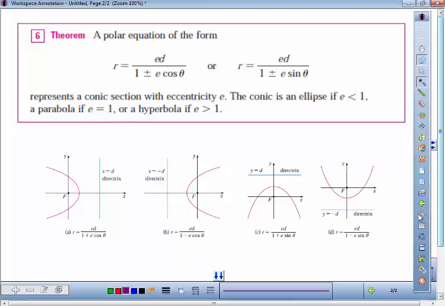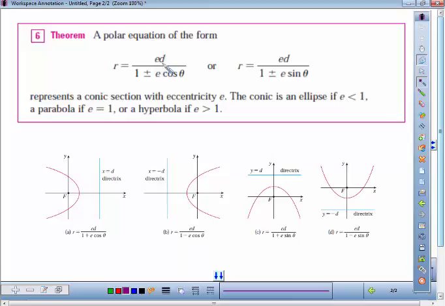The polar equation form is going to be given by one or the other, sine or cosine, depending on if it's opening sideways or upward or downward. The polar equation is of the form r equals E times d, where E is eccentricity and d is the directrix.